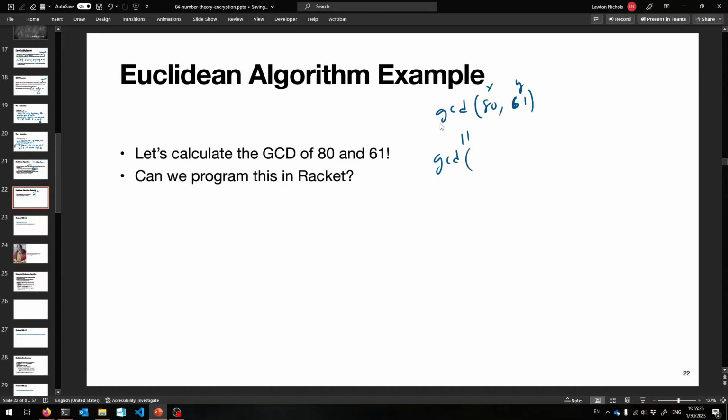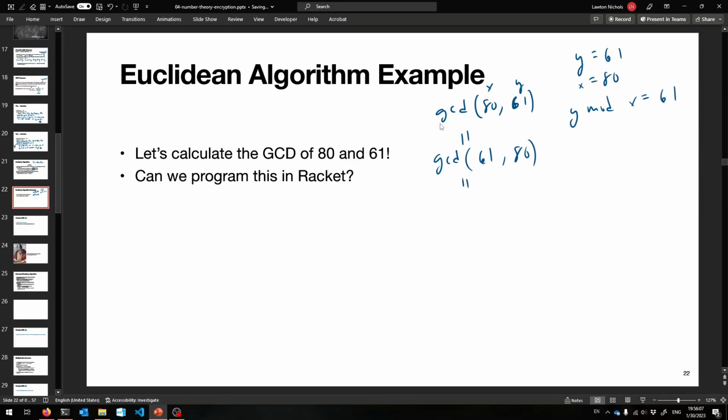So y is 61, x is 80, and y mod x is equal to 61 mod 80. It goes in 0 times with 61 left over. So all that really happened was that they swapped. The numbers swap until you have the smaller one first, and then the algorithm really kicks in and takes over.